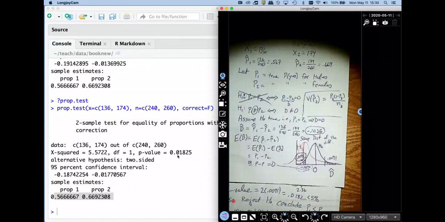And they got 0.0182 using the chi-square distribution. Those two are equivalent because a chi-square distribution with 1 degree of freedom is actually a standard normal squared. The test statistic they're using is slightly different, but equivalent.